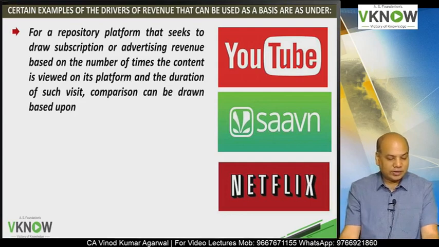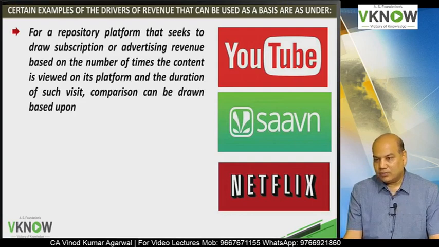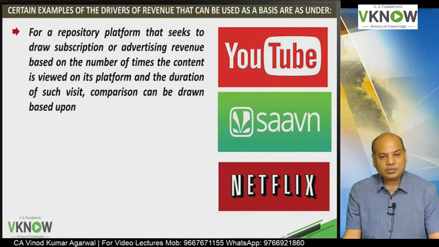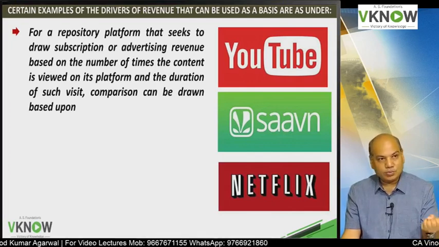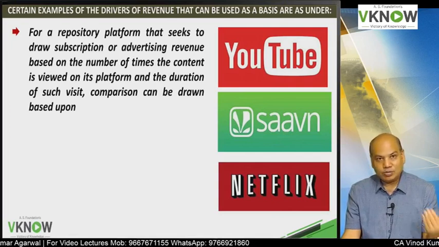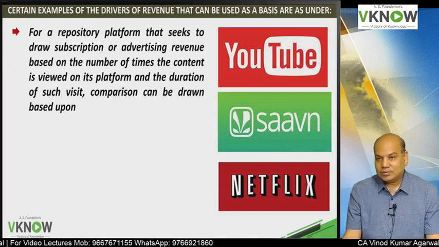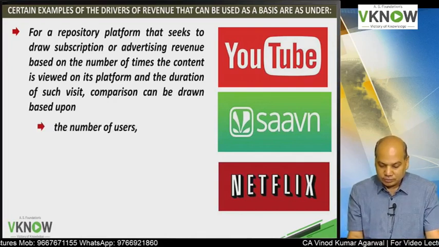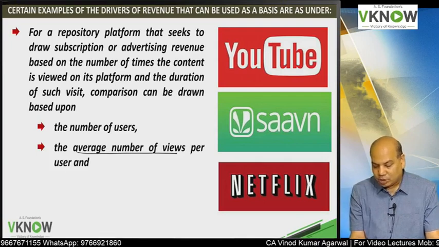And now take another example of repository platforms where there is data already there, like YouTube where you have videos, Saavn where you have music and songs, Netflix where you have videos, documentaries, etc. So how do you value them? How do you compare them? The valuation will depend on how many users are there, average number of views per user, average revenue per user.